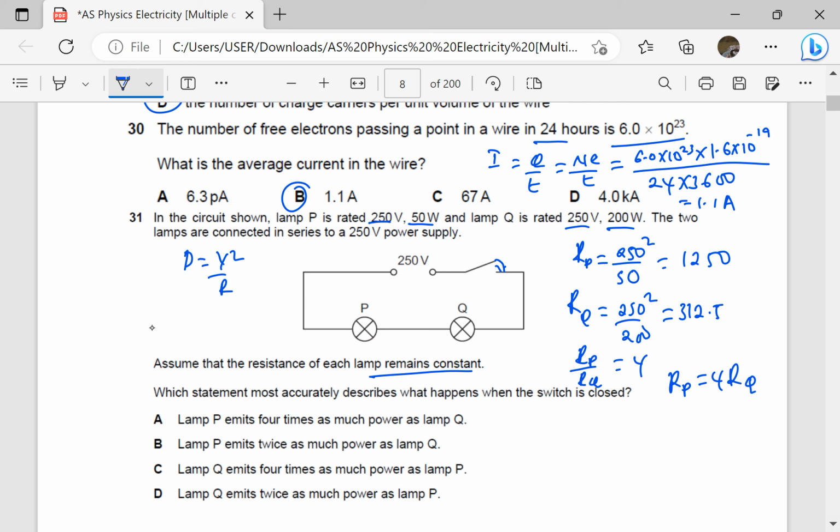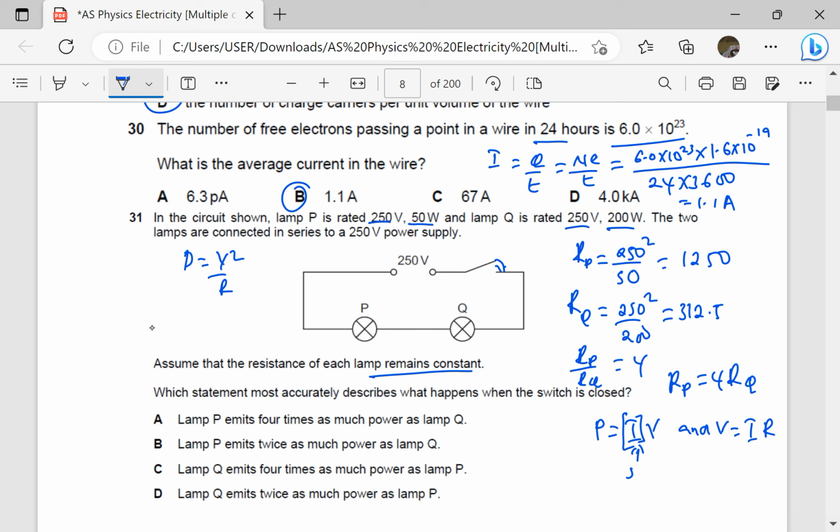Number 1, lamp P emits 4 times as much power as lamp Q. Let's check the power emitted in each of these lamps. The power emitted is going to be equal to I times V. Also note that V is equal to I times R. The current through them is the same.